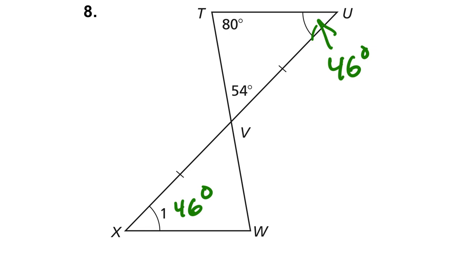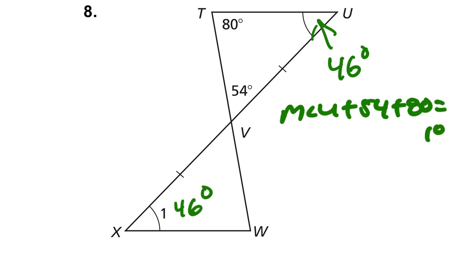Angle 1's 46 degrees because I used my triangle sum theorem. I guess I should show that really quick. I could say that the measure of angle U plus 54 plus 80 equals 180. And then I can get the measure of angle U equals 46 degrees. And now, because these are congruent angles based on the marks that I see, I now can see that angle 1 is also 46 degrees.